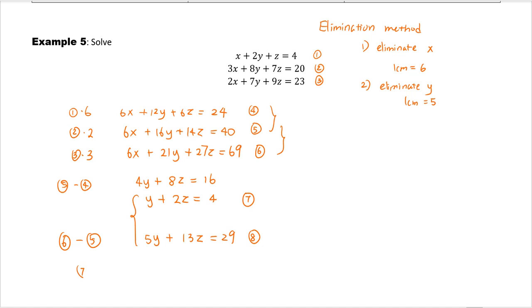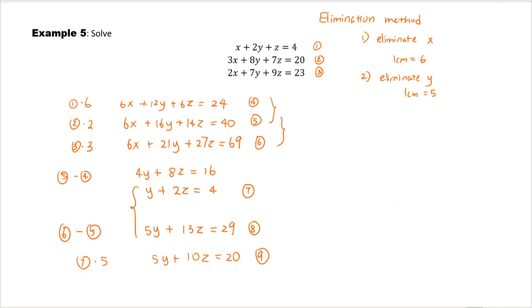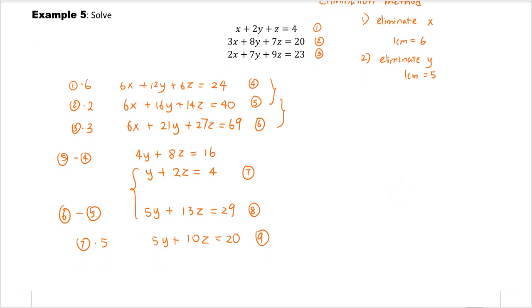So we just use equation 7 times 5. We have 5y plus 5 times 2 is 10z equals 4 times 5, 20. This is equation 9. And then we want to use equation 8 minus equation 9. Why? Because, you see, then we can get positive coefficients, right?